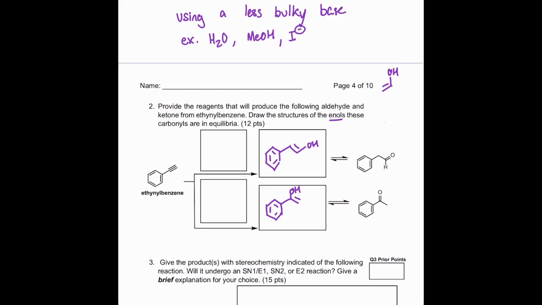So let's think about the placement of our hydroxyl group. We have one that's really not ideal, and we have one that's very ideal. The one that's not ideal is anti-Markovnikov, and the one that is ideal is Markovnikov.